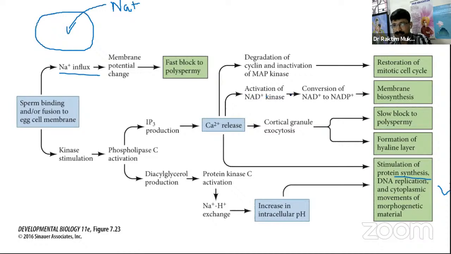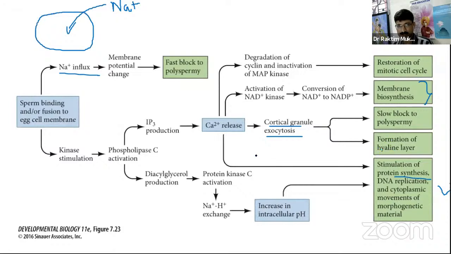Activation of NAD plus kinase will lead to conversion of NAD plus to NADP plus, leading to membrane biosynthesis. And calcium release is related to cortical granule exocytosis. Cortical granule exocytosis leads to slow block to polyspermy, and it also leads to formation of the hyaline layer.